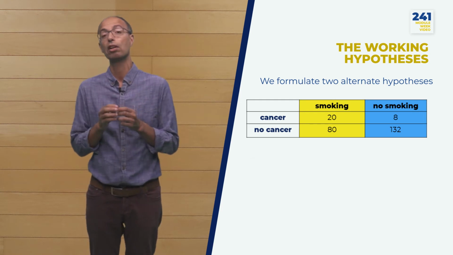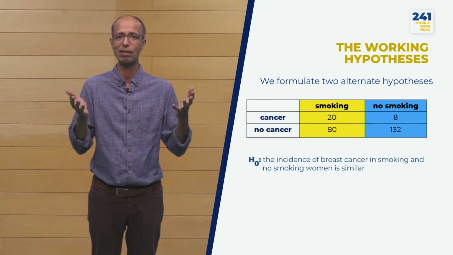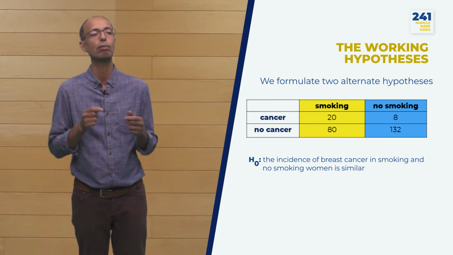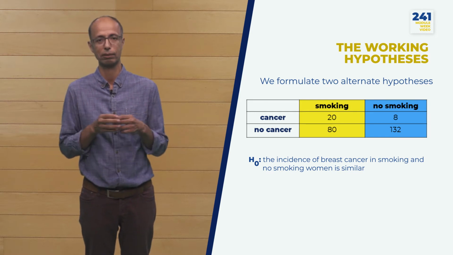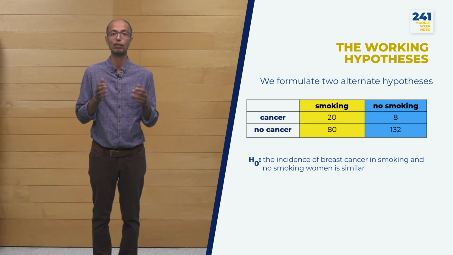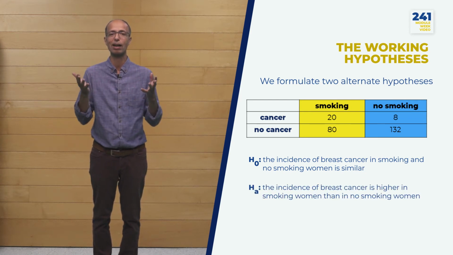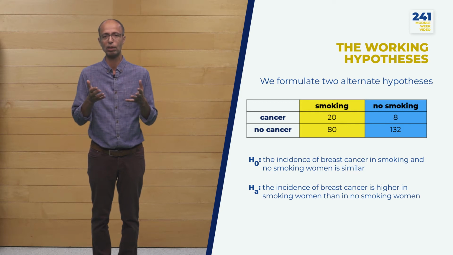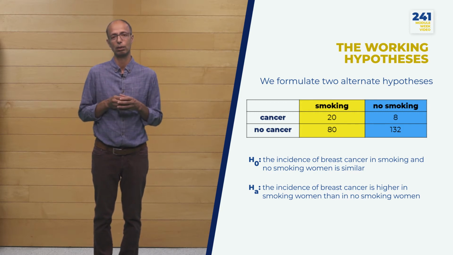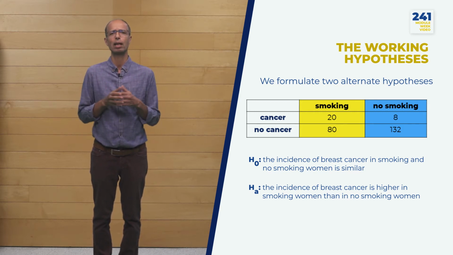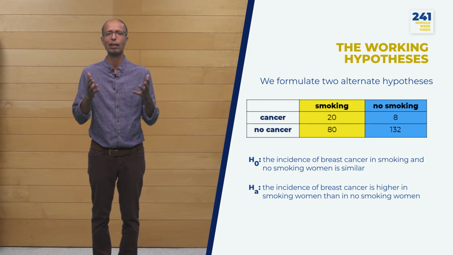For instance, the incidence of breast cancer in smoking and no-smoking women is similar. Then, our alternative hypothesis is that the incidence of breast cancer is higher in smoking women than in no-smoking women. Or, both variables are independent.